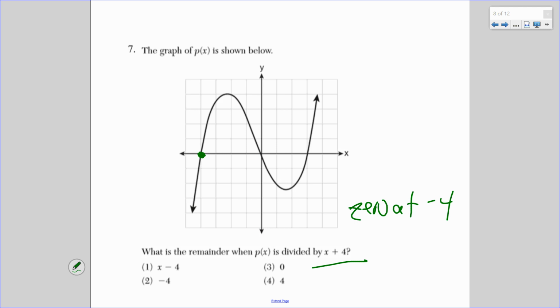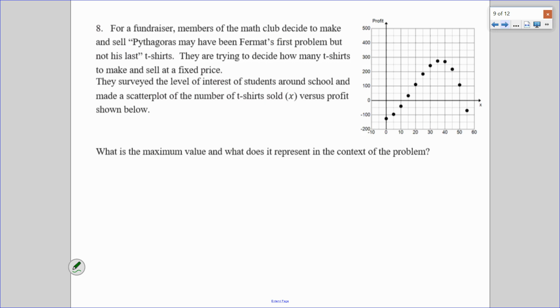If I divide by a factor, it's going to give me no remainder. Same concept that we just talked about. If negative 4 is a 0, then x plus 4 would have to divide them evenly. If it divides them evenly, it has a remainder of 0. Conceptual question.